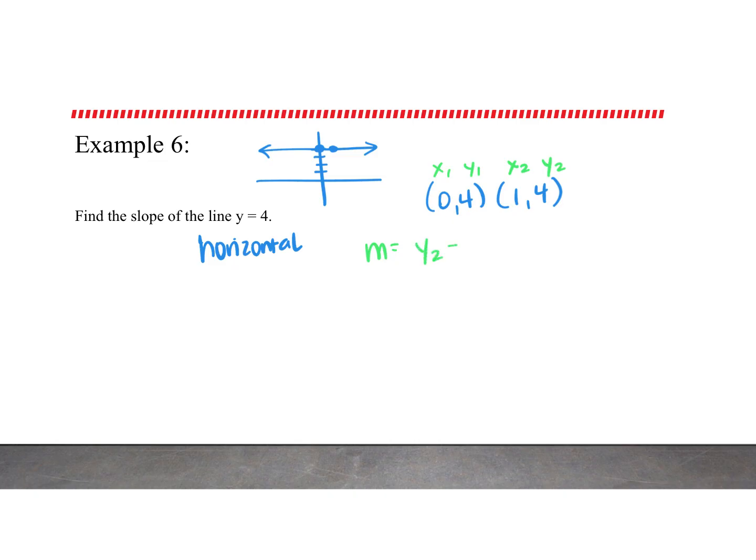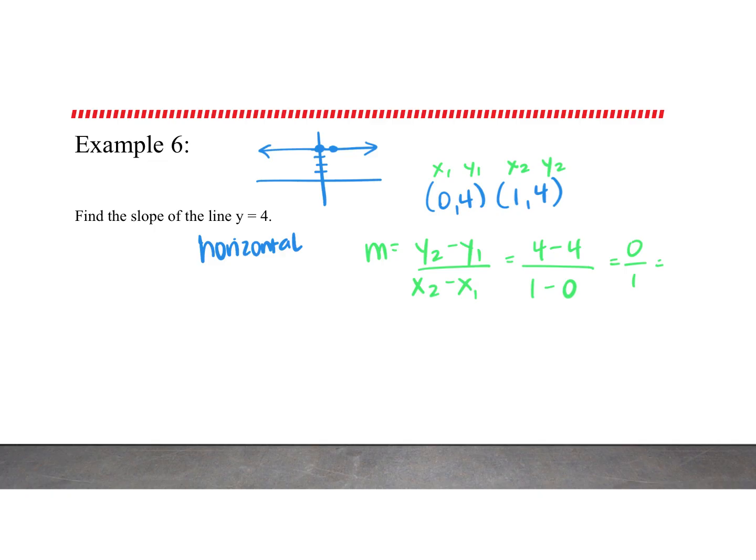Jot down your formula. The fastest way to memorize something is to use it. And then we can plug in y2 minus y1 over x2 minus x1. We can subtract. And then you might be thinking, okay, well, 0's not on the bottom here, so that's good, but 0's on top.